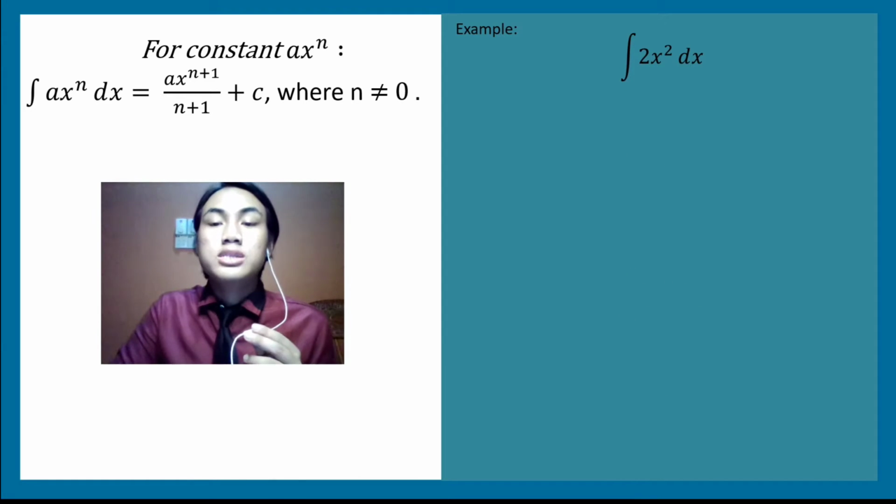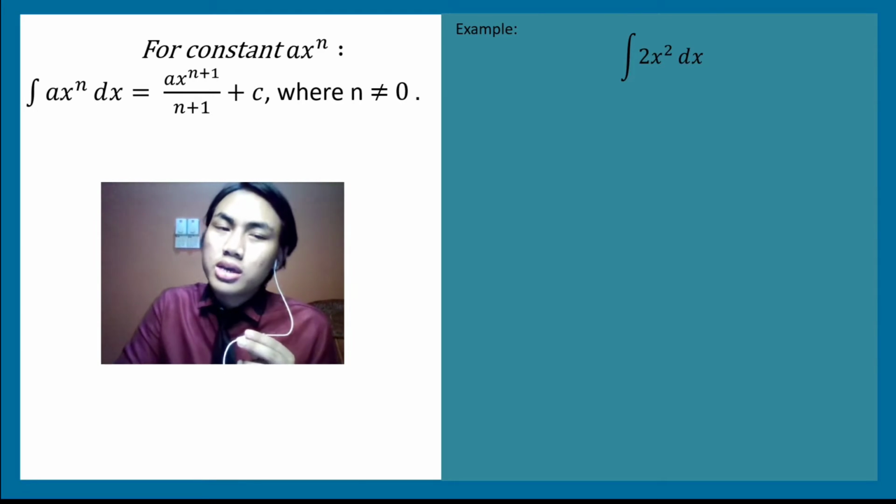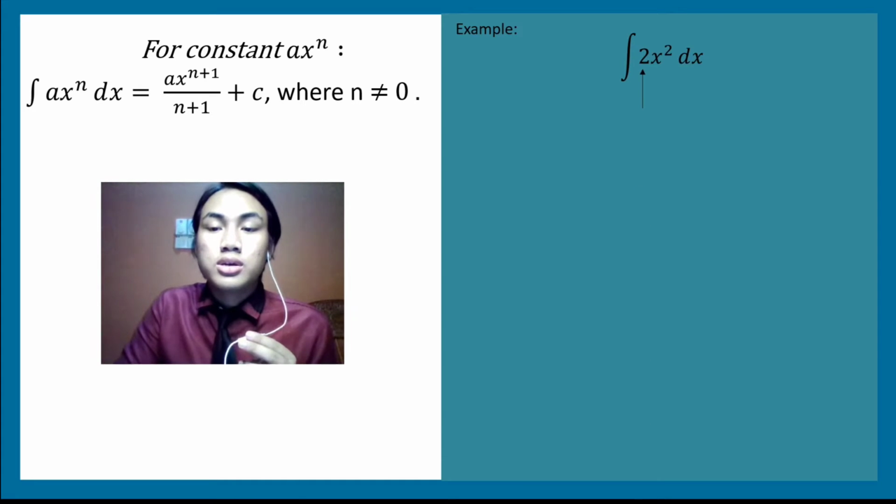We have integrate 2s squared ds. First, you have to recognize what is our a, what is our s, and what is our n. Here a is a constant, our s is s, and the power of 2 is our n.